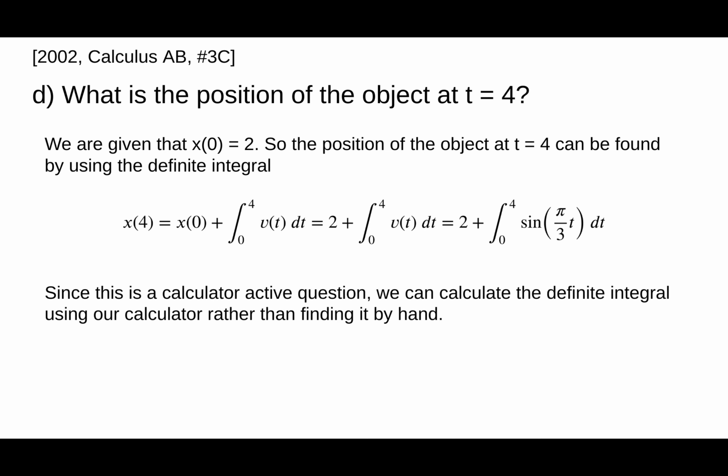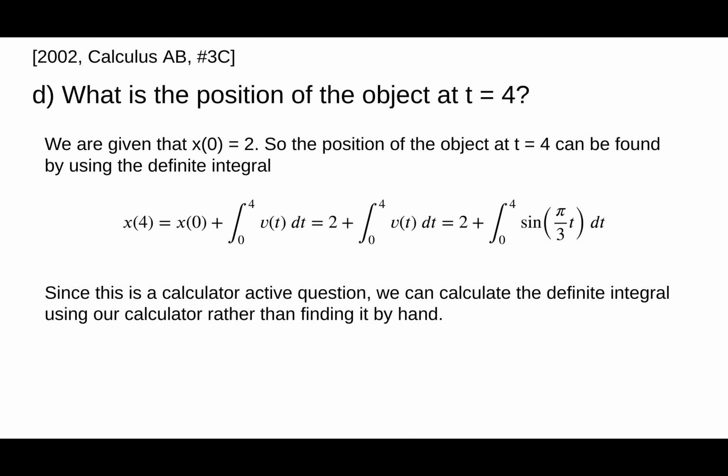Since this is a calculator active question, we can use our calculator to find the actual value of this integral. This can probably be done by hand just as easily, but it is calculator active, so there's no need to do it by hand. One thing you definitely don't want to have happen is to try to get cute by doing the calculus by hand and then accidentally throw in a negative sign when you don't want one, or omit one when you don't want one, as would be the case in this one if you forget the negative sign here.